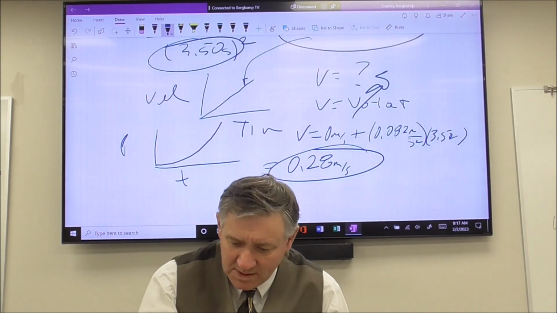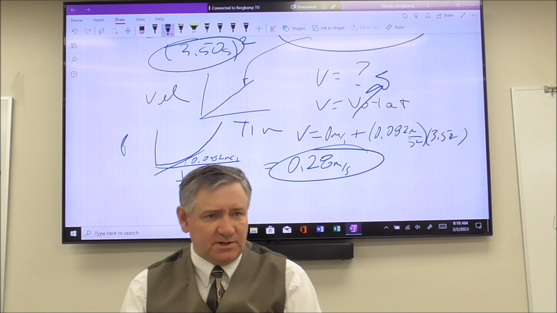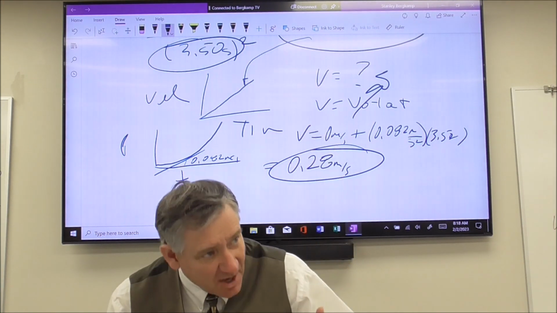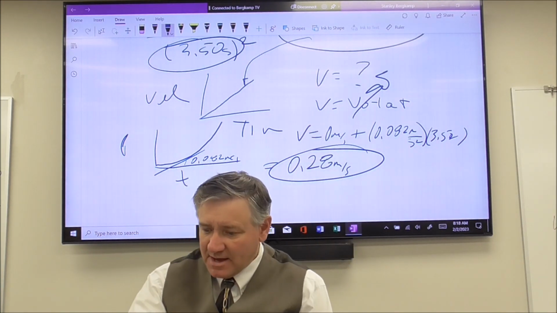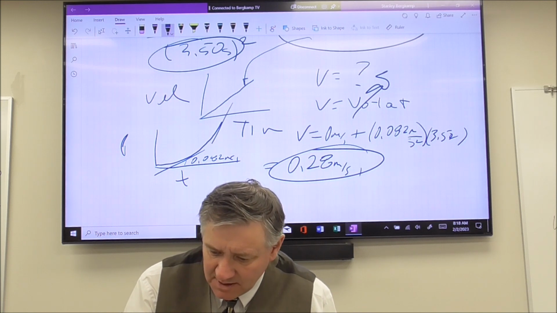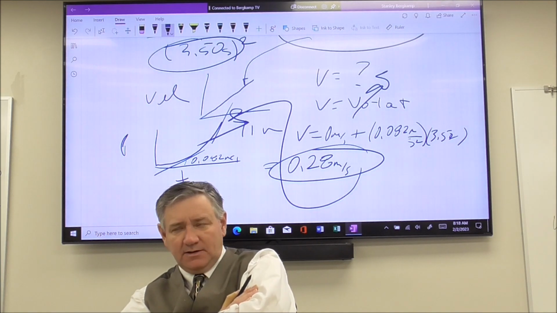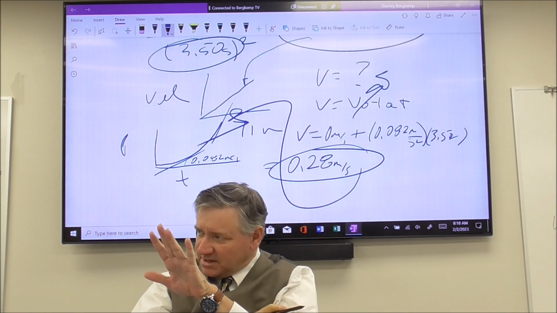So at the end of 1 second, if you were to draw that tangent line, that would have a slope of 0.082 meters per second because that's how fast it's going at 1 second. At 3.5 seconds, if you were to draw that tangent line, that would have a slope of 0.28 meters per second. Okay? See how it all fits together.